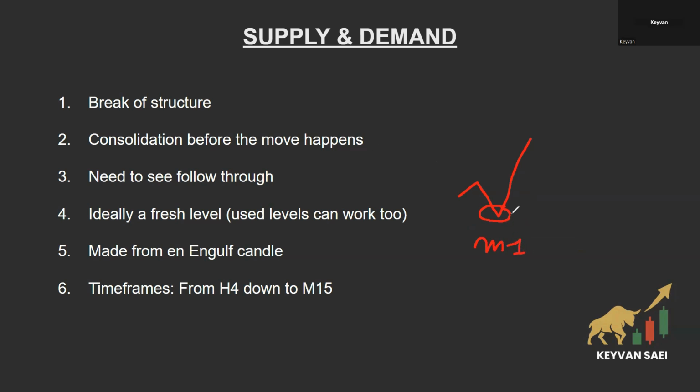We need to see buyers stacking their positions here to then push the price up. Because if we have this demand level, but on the M1 it's just a move down and a move up, there hasn't been much loading going on at the bottom. So we really need to see consolidation before the actual move happens.